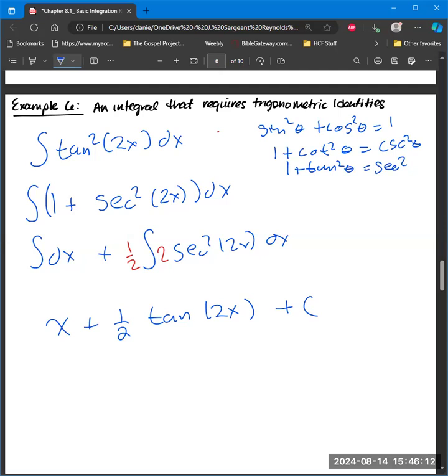So tangent squared is secant squared minus 1. That's a minus 1. That's a negative x. Here we go. 1/2 tan 2x minus x plus c.